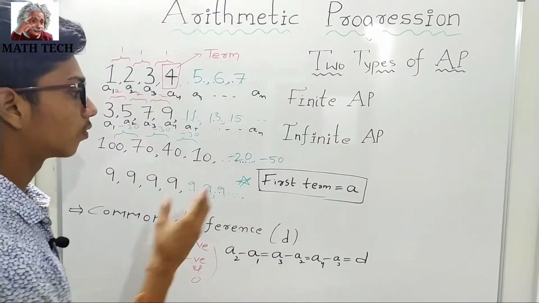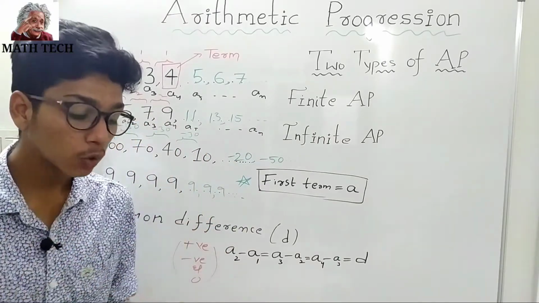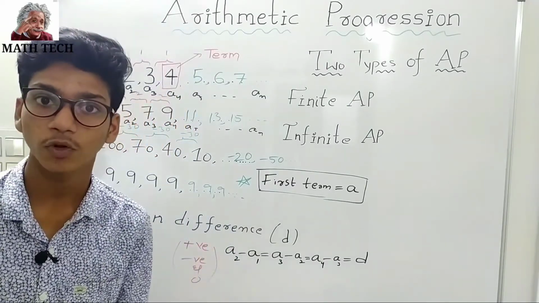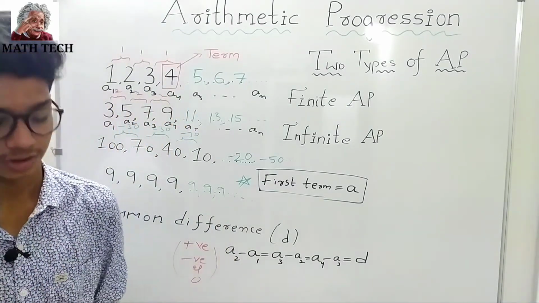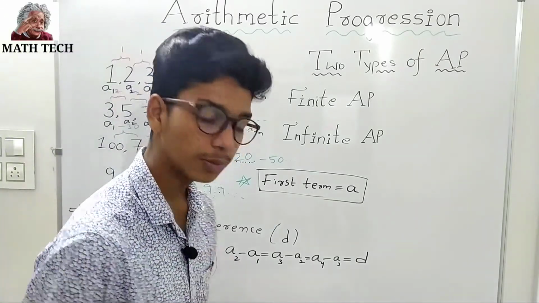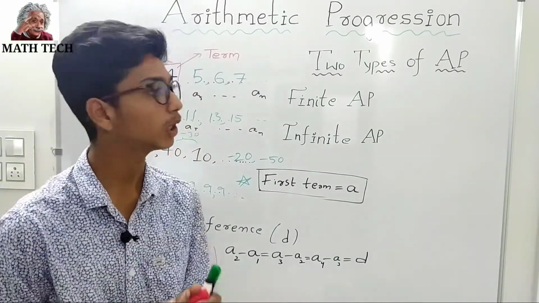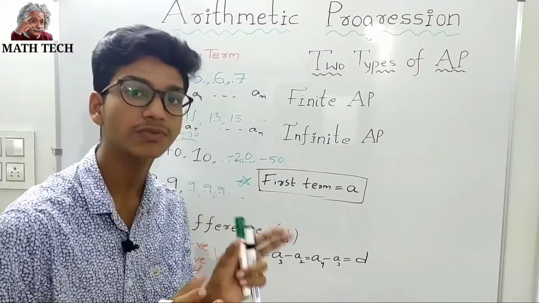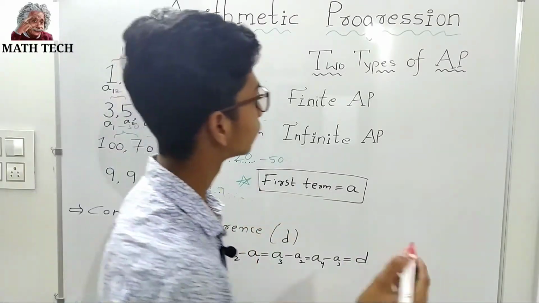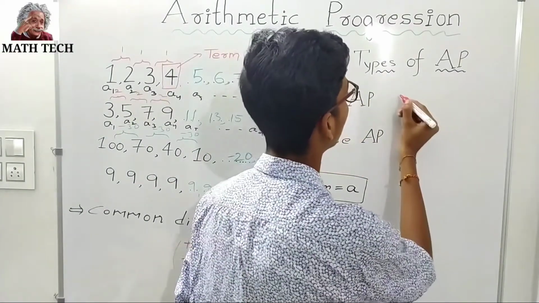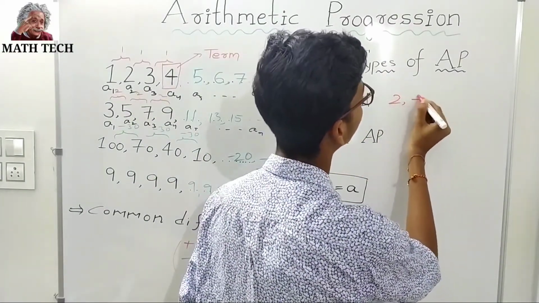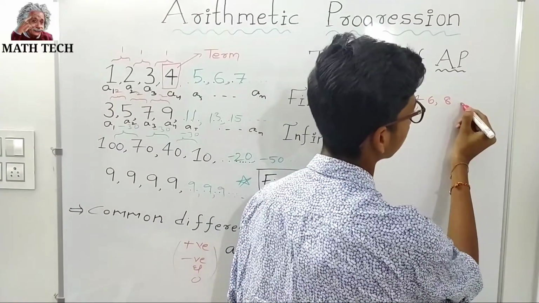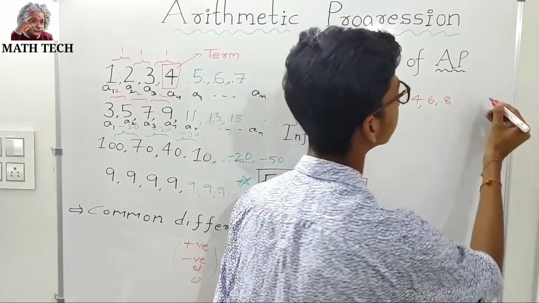Now there are two types of arithmetic progressions: finite arithmetic progression and infinite arithmetic progression. A finite arithmetic progression is a series which has an end. Suppose we consider 2, 4, 6, 8 and it goes on and ends at 98.